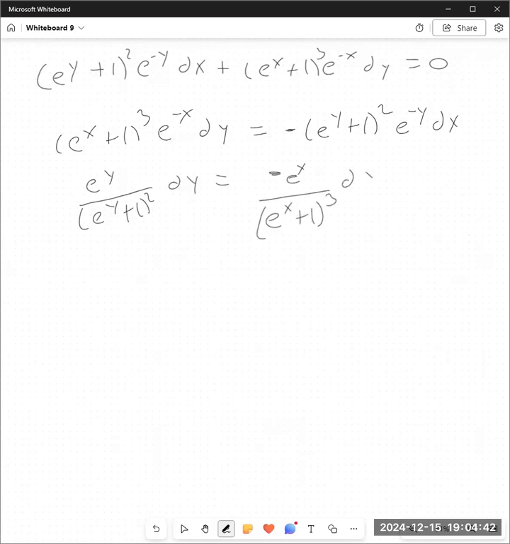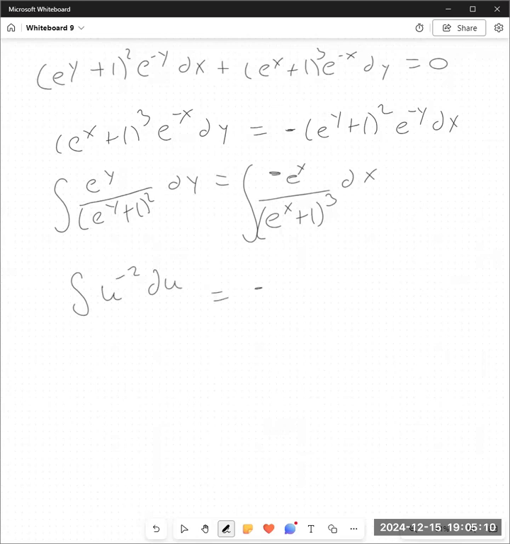Okay, like that. And then I'm going to integrate both sides, and I'm going to be using the power rule here. So this is going to be a du. This is going to be a u to the negative second du.